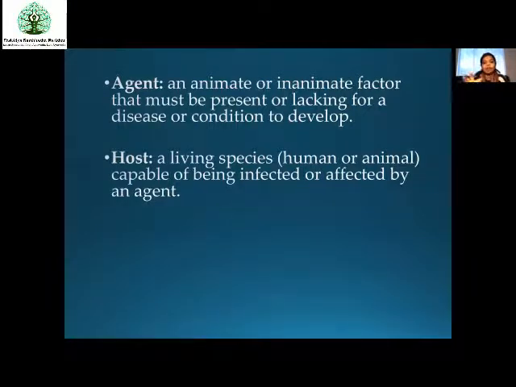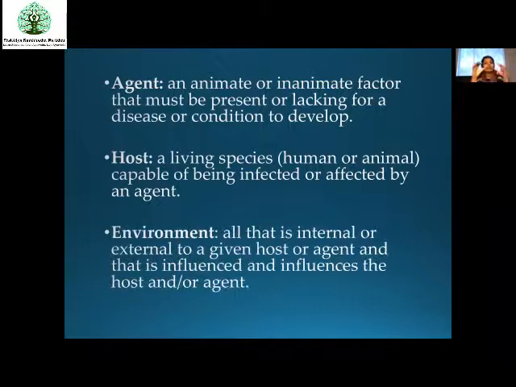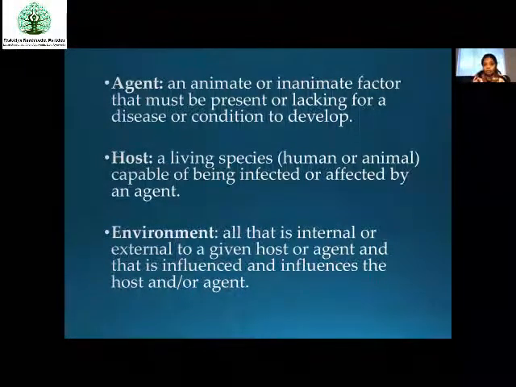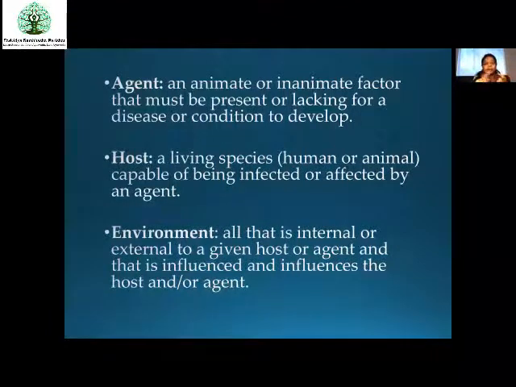And then the environment is the condition wherein the host and agent are situated. It is everything internal and external, for example anything which influences the person, physical, biological, chemical, anything for that matter.